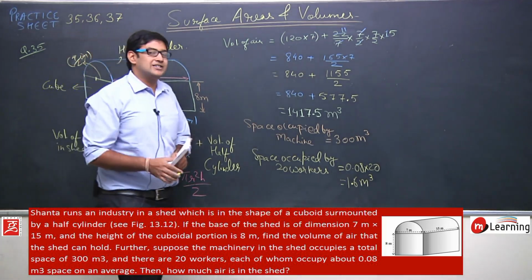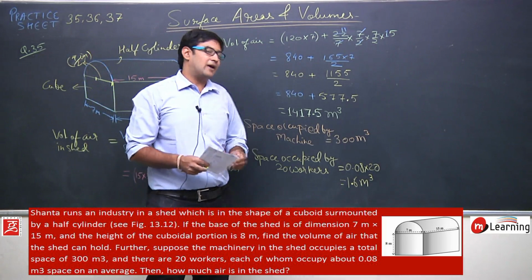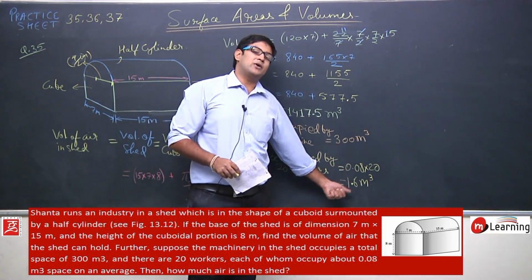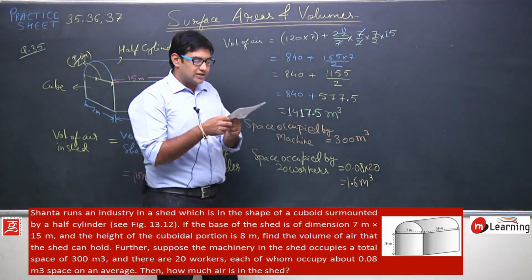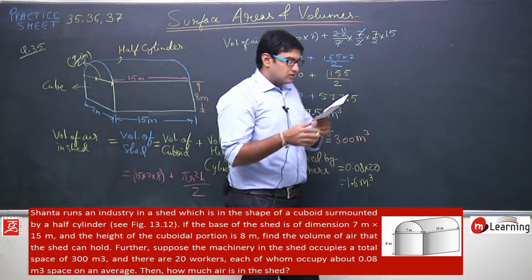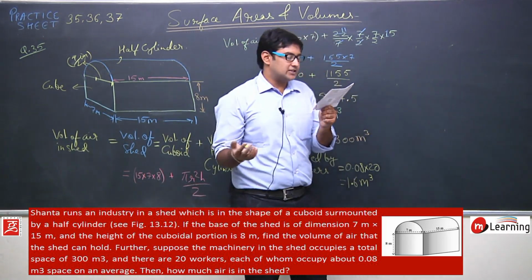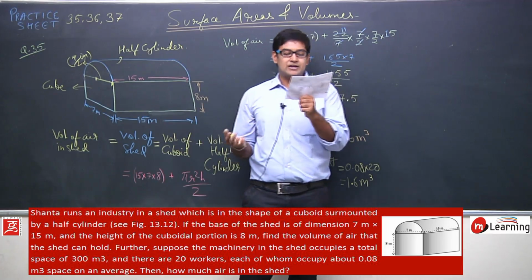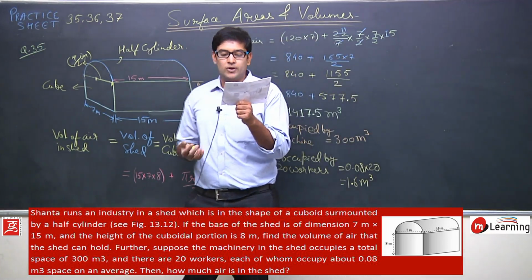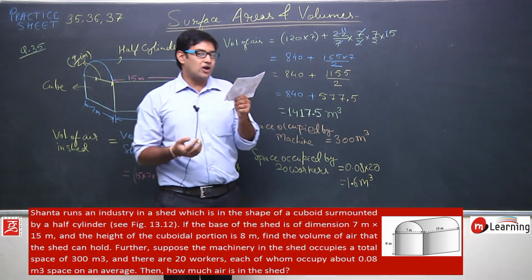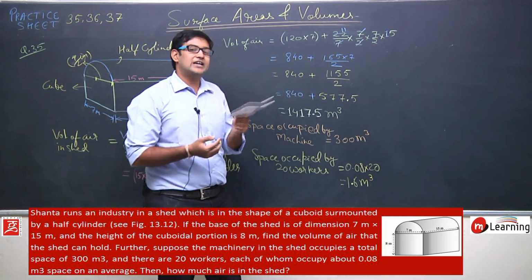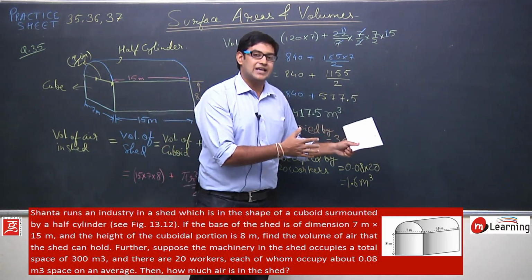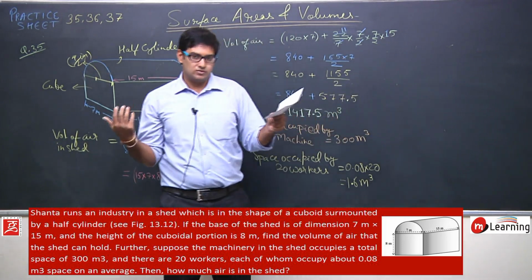So if I take into consideration the total volume occupied by machine and the workers, it will be 300 plus 1.6 meter cube. So it is asking, suppose the machinery in the shed occupies a total space of 300 meter cube and there are 20 workers, each of whom occupy 0.08 meter cube space on an average, then how much air is in the shed? So what will happen if workers and machinery come inside the shed, the air will go out, okay.